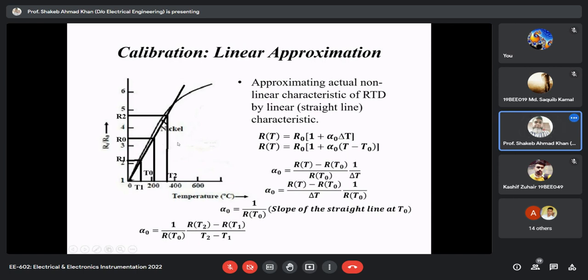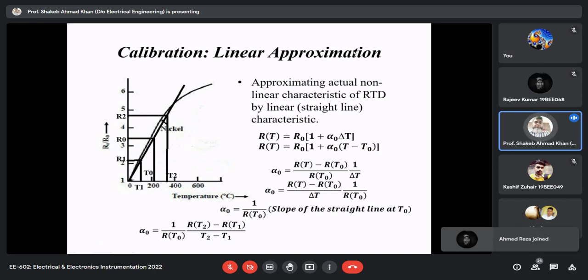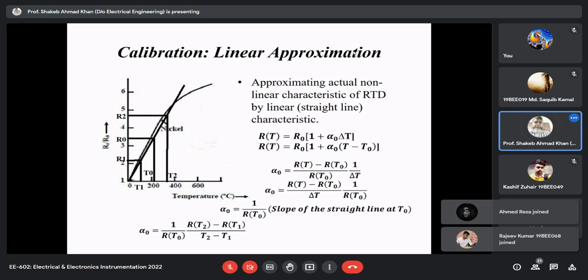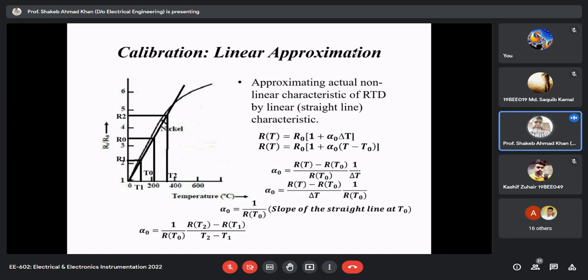This is your actual characteristic. So I had written here, approximating the actual nonlinear characteristic of RTD by a linear one, and this approximation, called linear approximation, is not confined only to the RTD. It is tried for all the sensors. What is the next part of the story? I'll take it up right now.